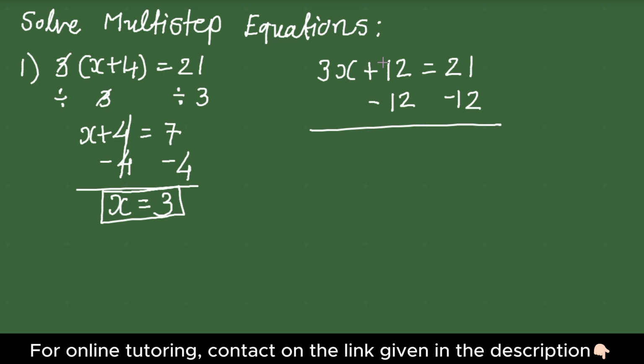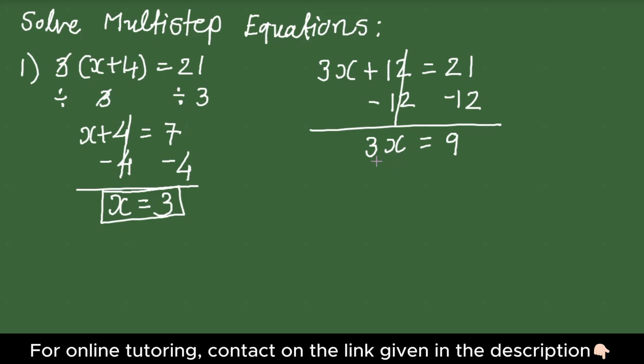So now on the left side plus 12 minus 12 is 0 and 3x will be there on the left side. On the right side we have 21 minus 12, which is 9. Now there is a multiplication between 3 and x.